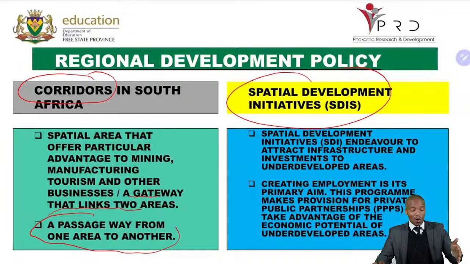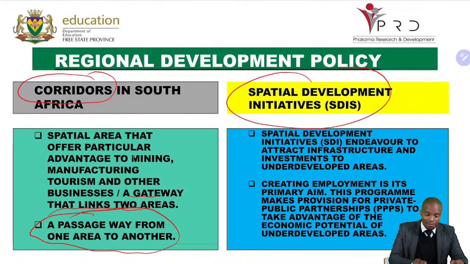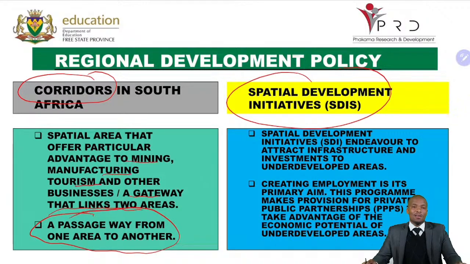So this corridor is a business hub area that links the two areas. It is an advantage for mining as well as manufacturing and tourism with other businesses. And once these corridors are there, we also developed what we call the spatial development initiatives in South Africa. Look at that word again.